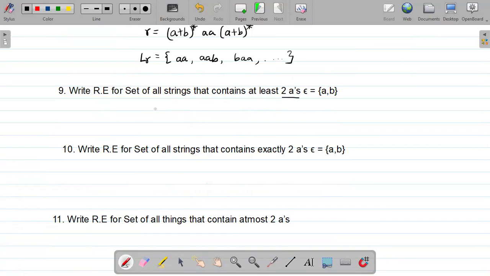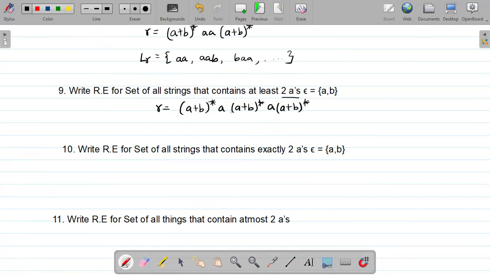So the regular expression for this will be: any combination of A's and B's, and then instead of AA in between, we will have a single A, dot (A plus B) the whole star, dot A, dot (A plus B) the whole star.